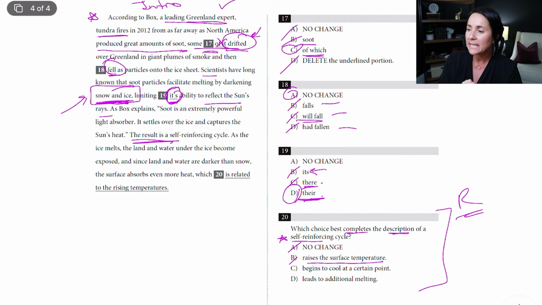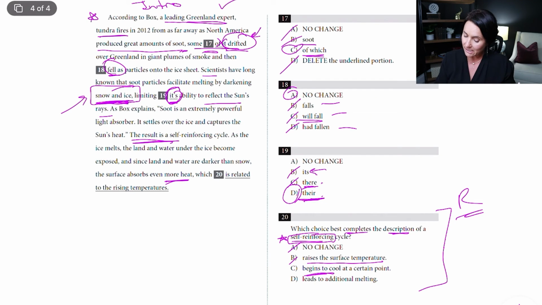Let's see C. Begins to cool at a certain point. Well, we're looking for a self-reinforcing cycle. And if we're talking about things becoming hot or building up heat, beginning to cool is not self-reinforcing. That's actually going against. So C is out.